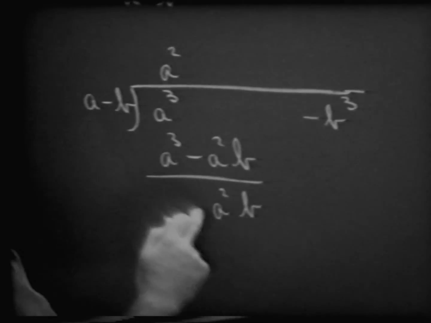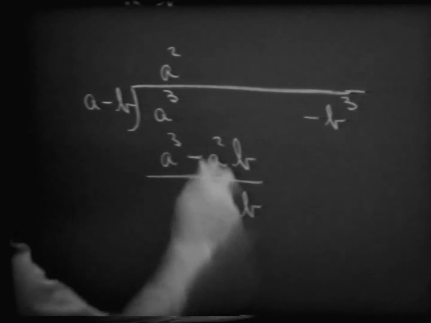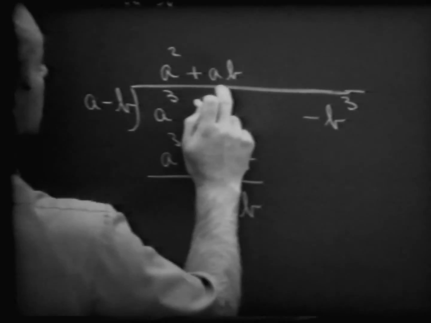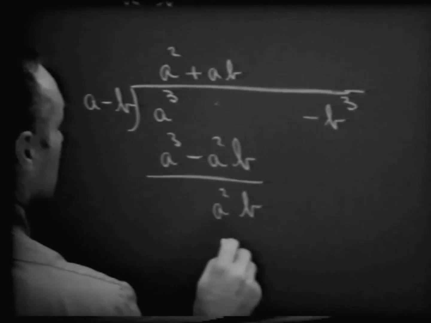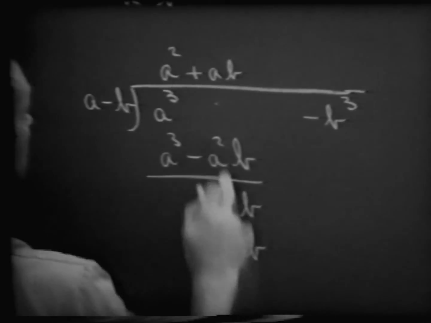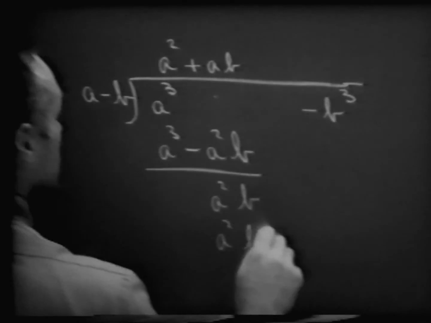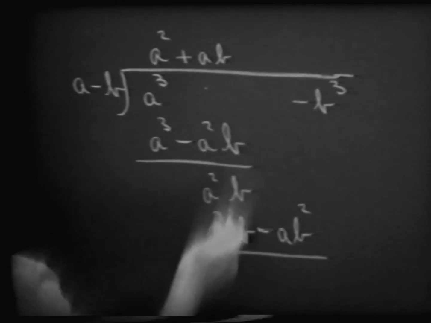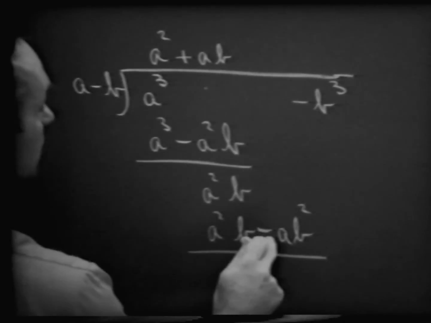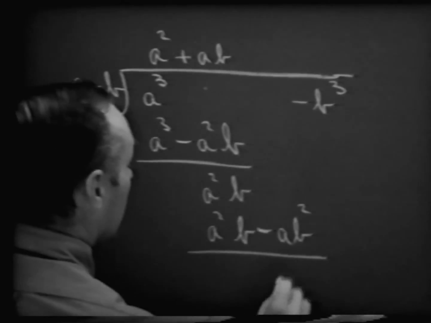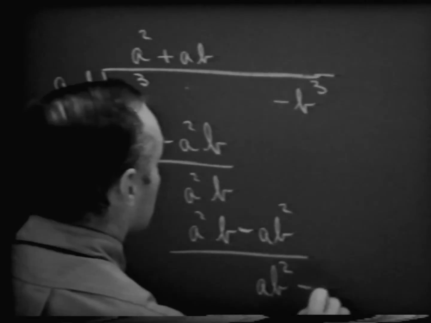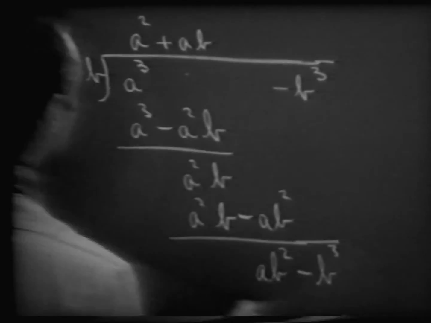Now a into a squared b is plus ab, because ab times a is a squared b. And now ab times the opposite of b is minus ab squared. When we subtract, we have 0 here, and subtracting this from 0, we have simply ab squared. Now let's bring down our next term, minus b cubed.